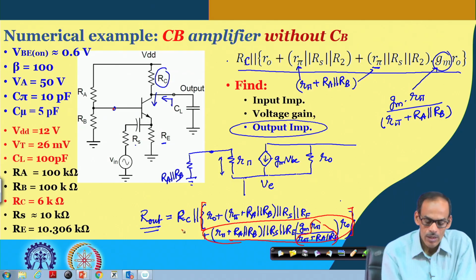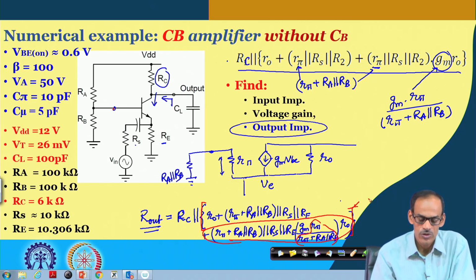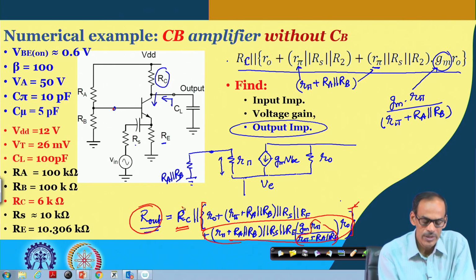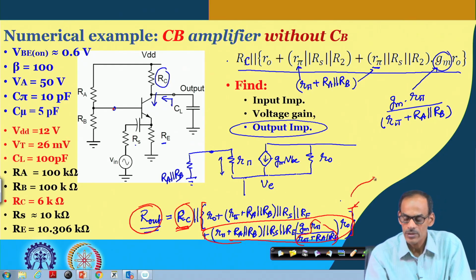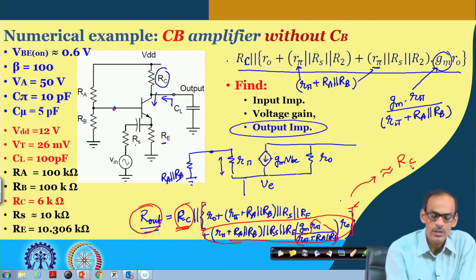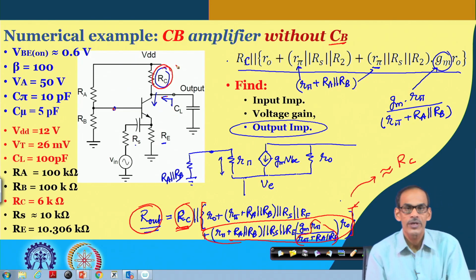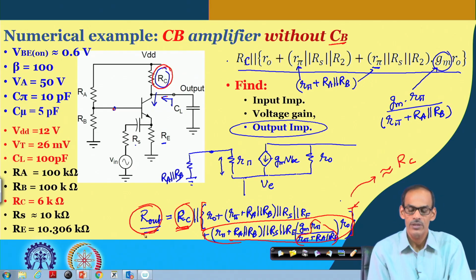But even if it is getting reduced by a factor of 0.1, Rc is still smaller than that. So, the output impedance is still approximately Rc. Internally the output impedance is changed due to the absence of Cb, but since it is primarily dominated by Rc, it remains unchanged.